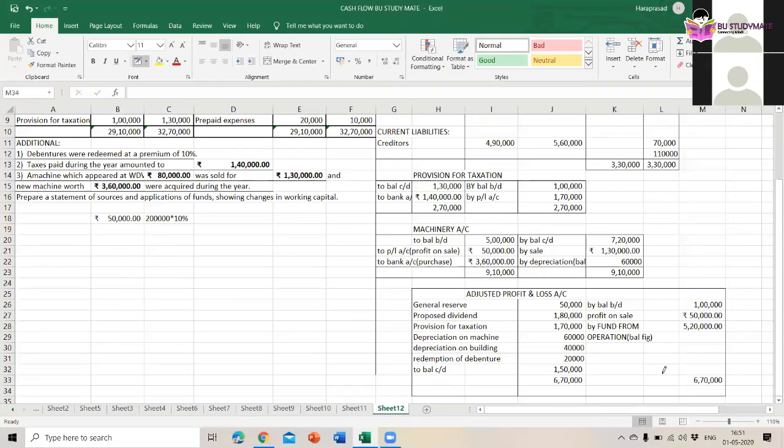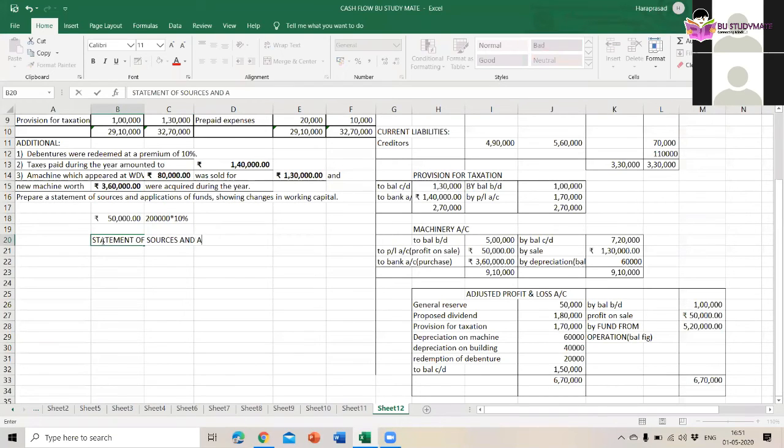So on the left hand side only I will prepare here. So here we have to write down sources and application.